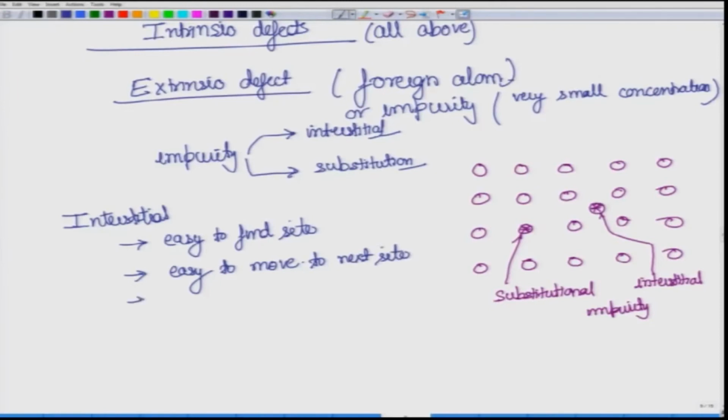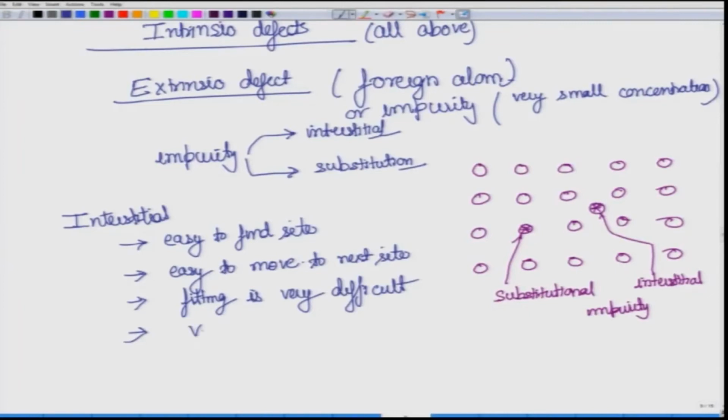However, like I said, the size over here is very small. Therefore, fitting is very difficult. And whenever there is an atom over here in the interstitial, the host atoms around it will get displaced from their position, and this displacement would be really very large, something like 10%, 20%, some very large strains.